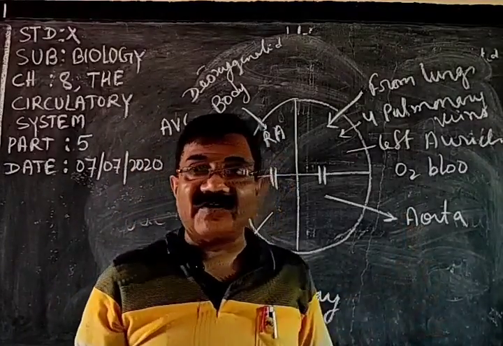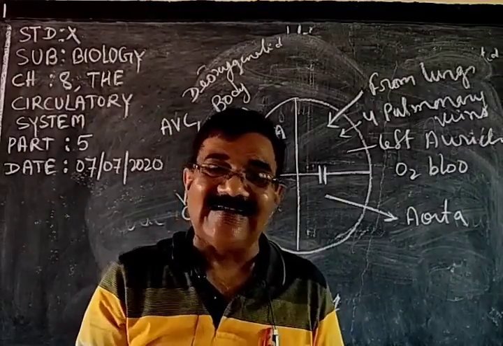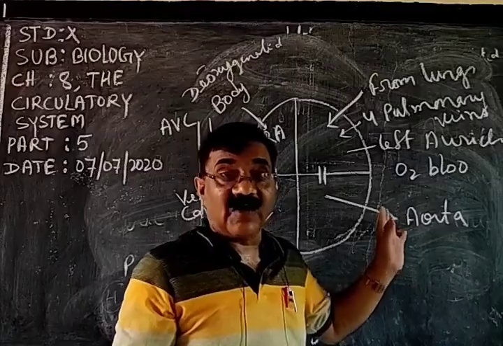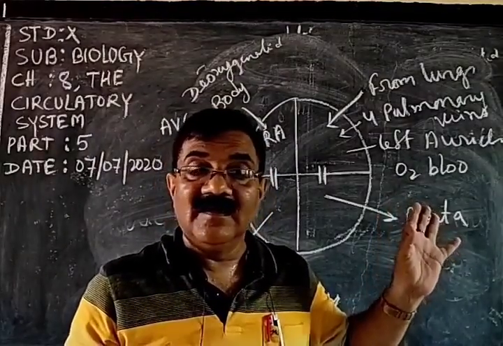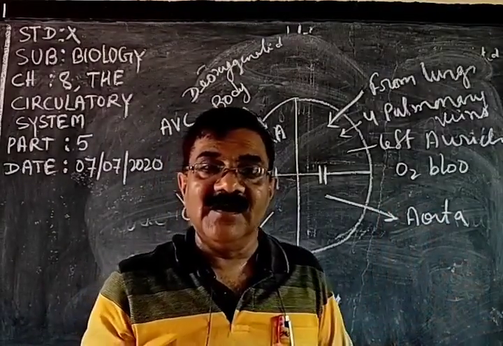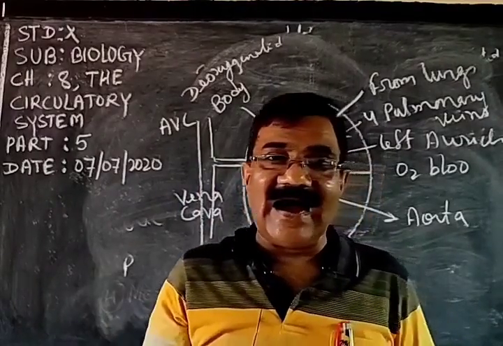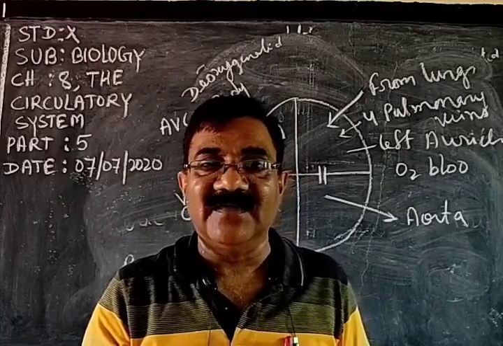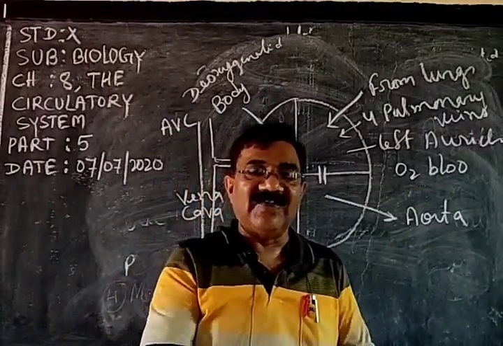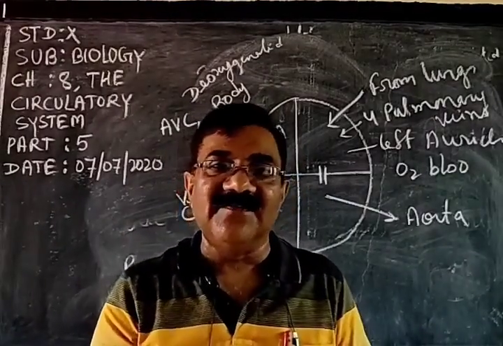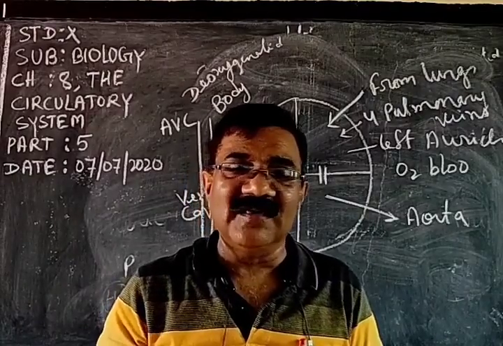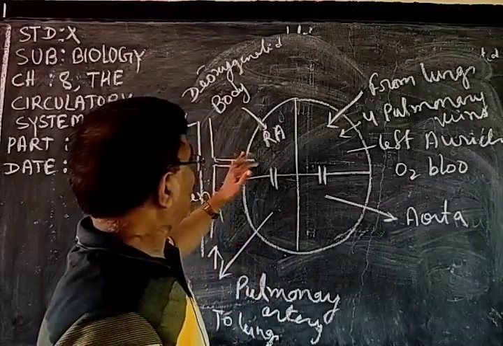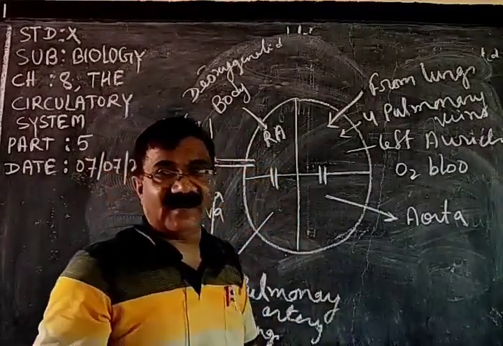This aorta later on divides into arteries. The main blood vessel coming out from the heart carrying oxygenated blood divides into arteries. Arteries divide into arterioles, arterioles into capillaries, and after the oxygen is delivered, these capillaries combine to form venules, veins, and again the deoxygenated blood reaches the right atrium through the vena cava.